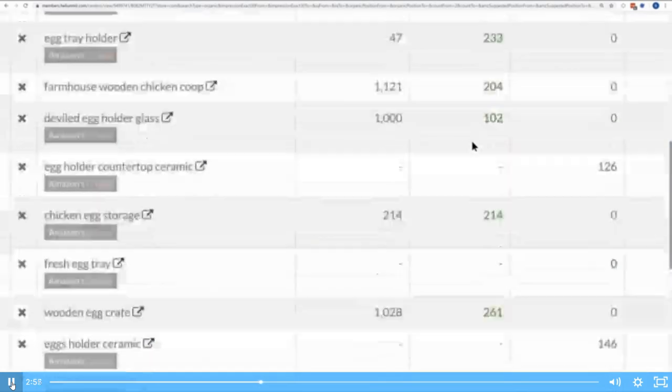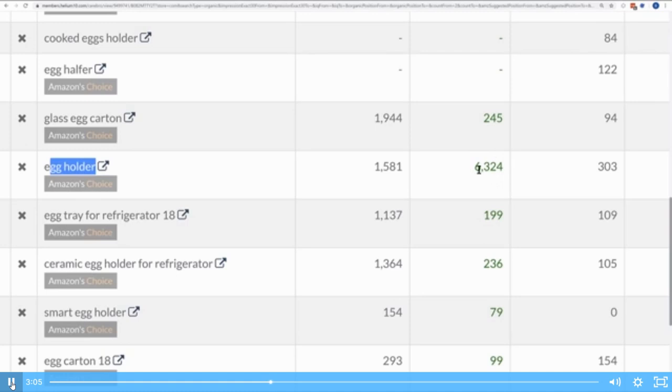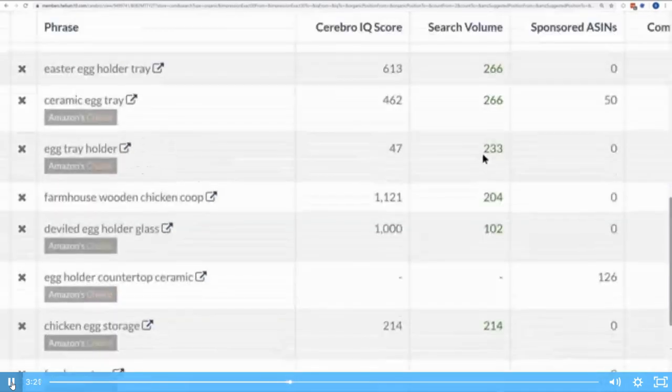But contrast that with a keyword such as egg holder. There are over 6,000 people a month who are searching for egg holder. So this keyword, I would probably focus more attention on, because I know more of my sales could come from it. More than 100 people a day are searching for this, as opposed to these other keywords that are only one or two a day.